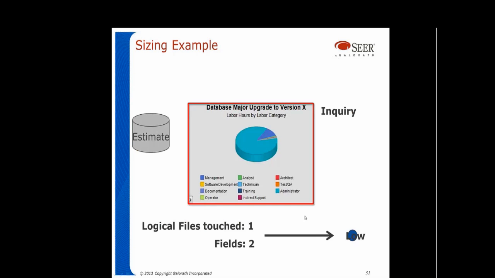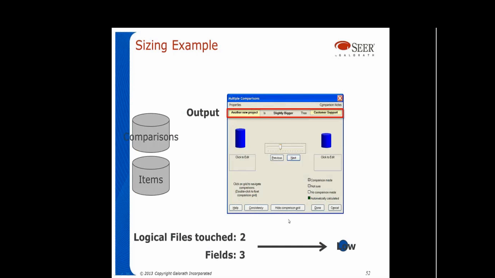Next example, logical files touched, 1. Number of fields, here is an interesting thing, just two fields. This is a field, and these are one field, 2 fields, low complexity. Here we have 2 data items touched, comparisons and items.